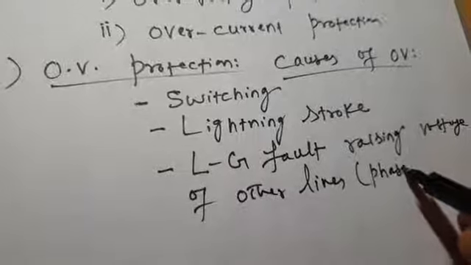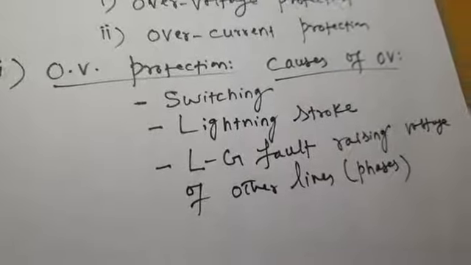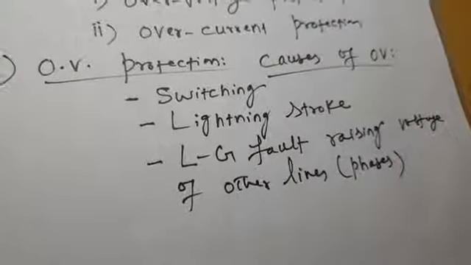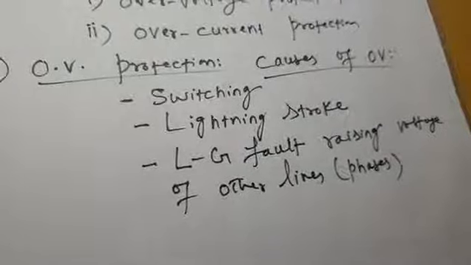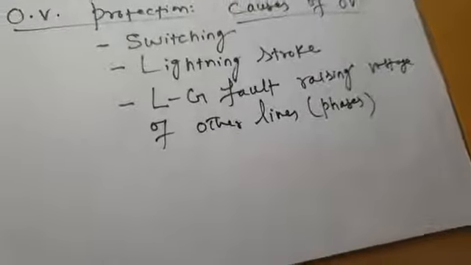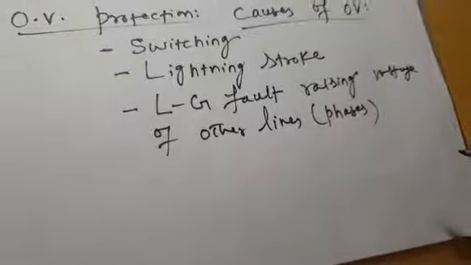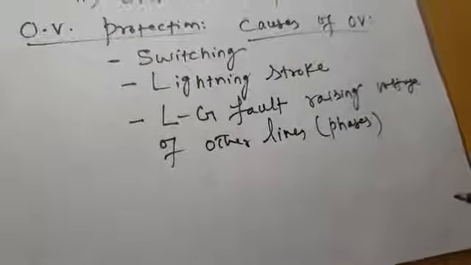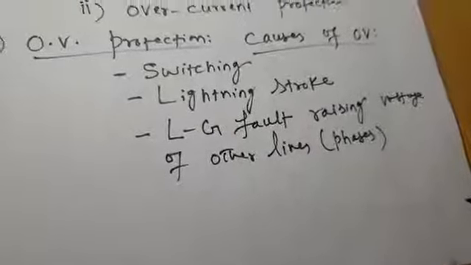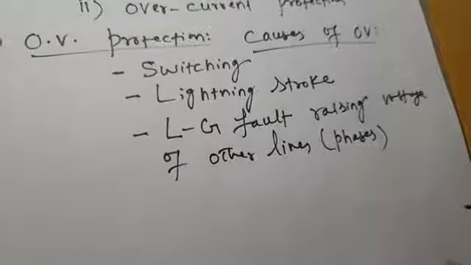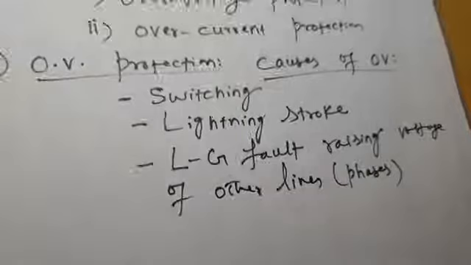If you have a three-phase system, if a line to ground fault takes place and if neutral is not properly grounded, then the line to ground fault on one phase will raise the voltage of the other, healthy phases, and that causes overvoltage. So these are the main causes of overvoltage on the AC side of the HVDC converter.